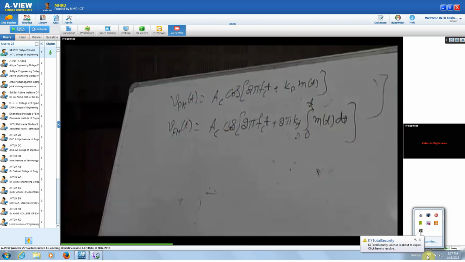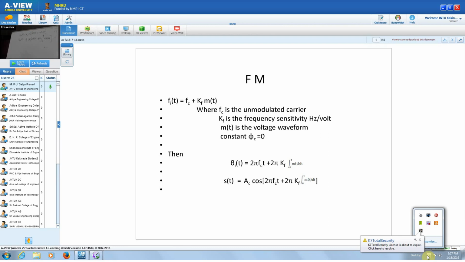Right? So s(t) or v(t), whatever you call the expression, we have the AM signal, the FM signal, and the PM signal. So these are the expressions for your phase modulated signal and frequency modulated signal.